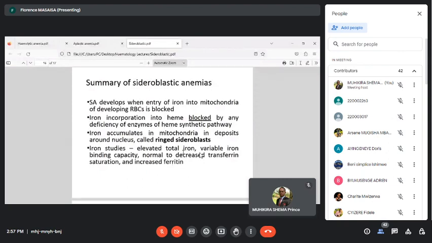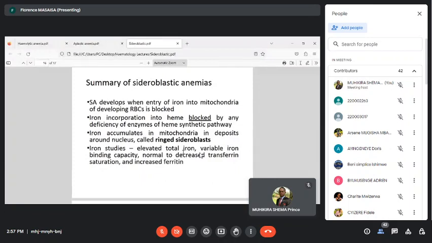So again, remember the mechanism: the entry of iron into the mitochondrion of the red blood cell precursor is blocked due to a deficiency in the enzyme ALA synthase. Then the iron accumulates in the mitochondrion, causing deposition around the nucleus. You have seen the ring sideroblast.